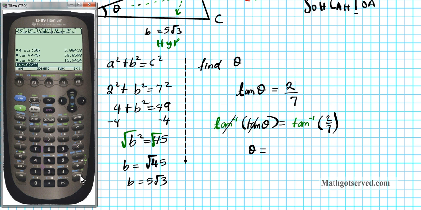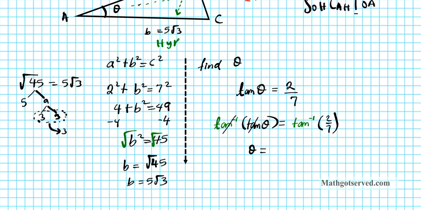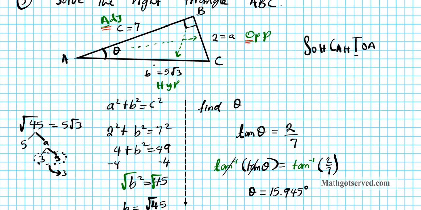And the final answer is 15.945. So theta is 15.945 degrees. Alright, so that's a measure of angle theta. Let's put it in here. 15.945.